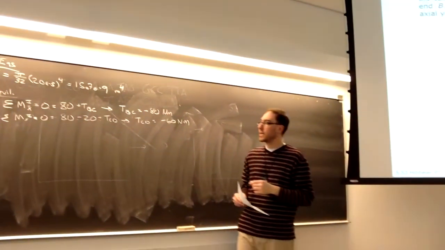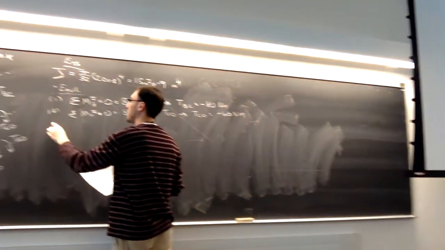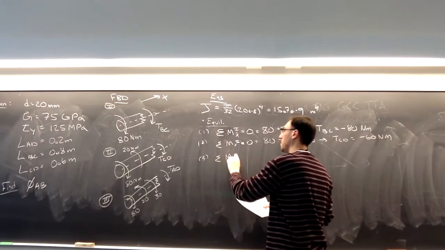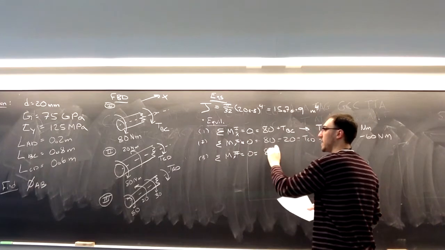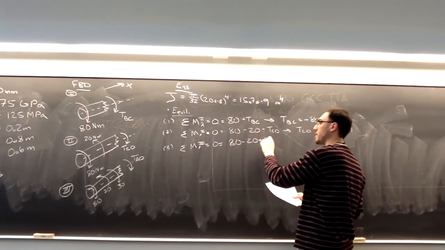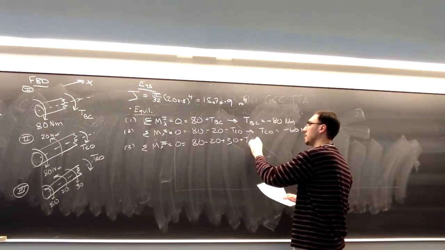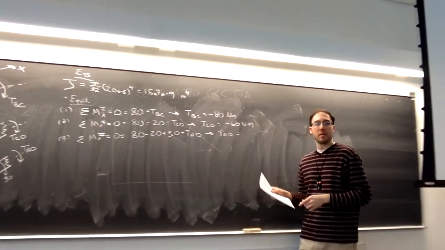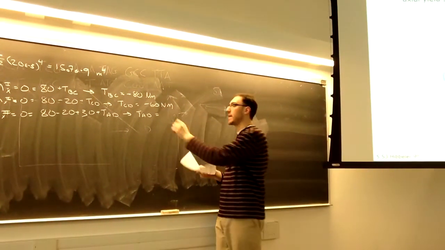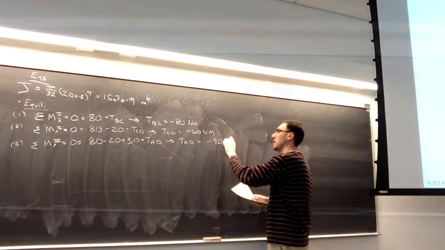TCD is negative 60. The third picture, I'll have 80 minus 20 plus 30 plus TAD. So TAD is a negative 90. Now I can go to the next step.